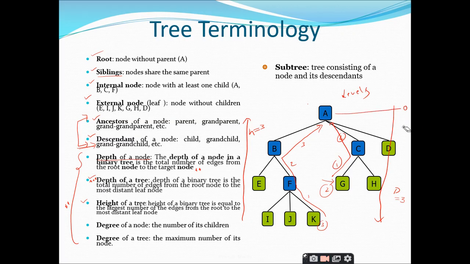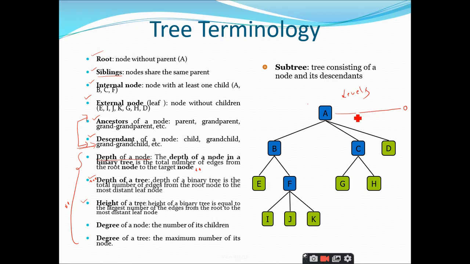Am I right or not? So what is the level of root node? You should always take it as 0, sir. 0, right? But in some textbooks they represent the level of the root node as 1. So if it is 1, then you have to make necessary modifications in the formulas.